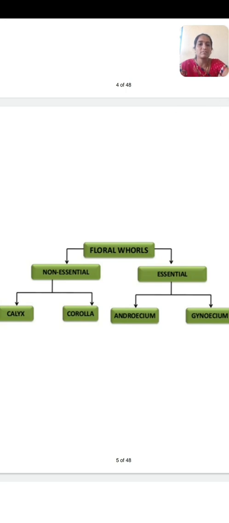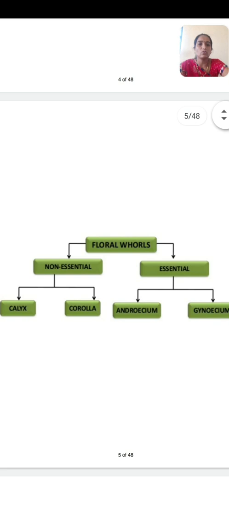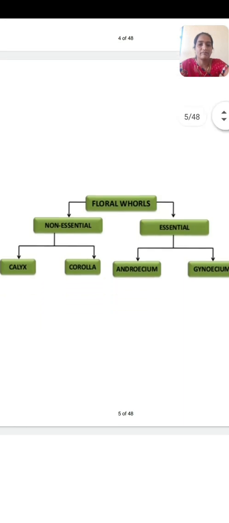Non-essential floral whorls have no direct role in reproduction, and essential floral whorls play a vital, important role in reproduction. Non-essential floral whorls are calyx and corolla, while essential floral whorls are androecium and gynoecium.